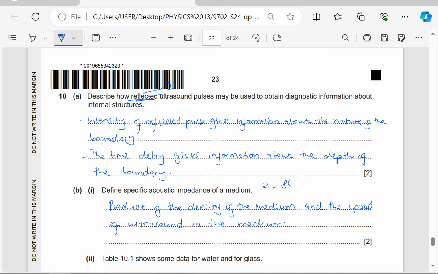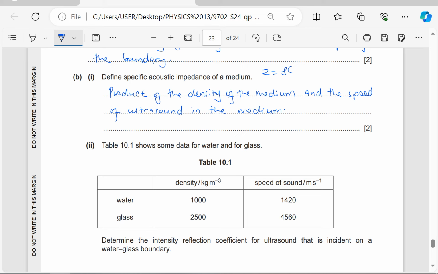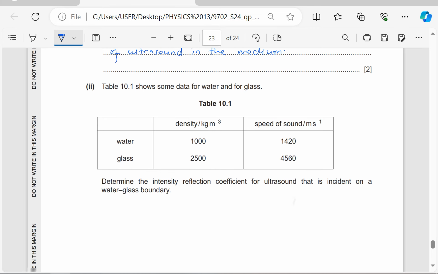So the product of the density of the medium and the speed of ultrasound in the medium, that is acoustic impedance. The table shows some data for water and for glass.